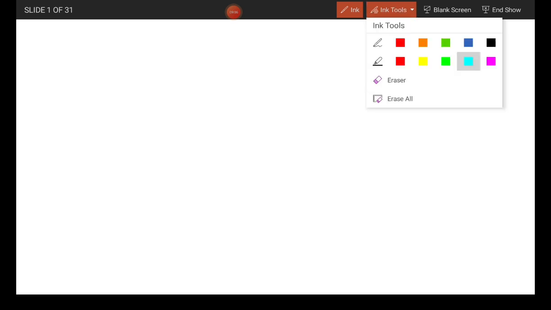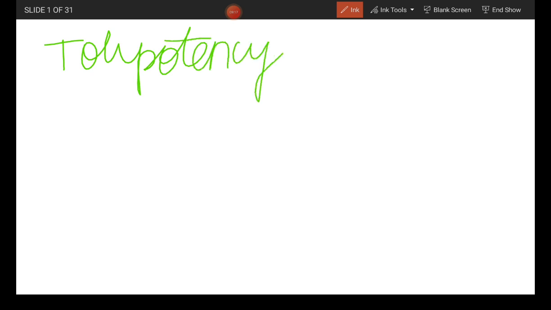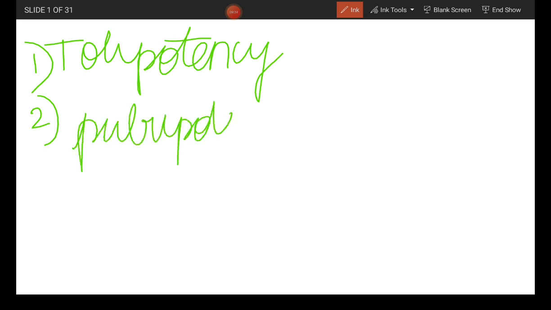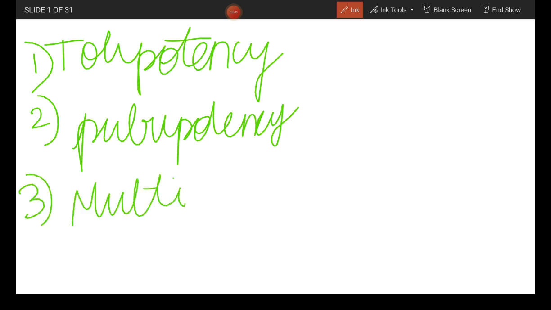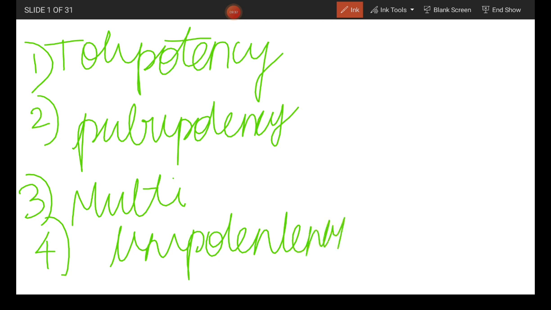Let us talk about the basic terminologies with regard to potency. First is totipotency, then pluripotency, multipotency, and unipotency.